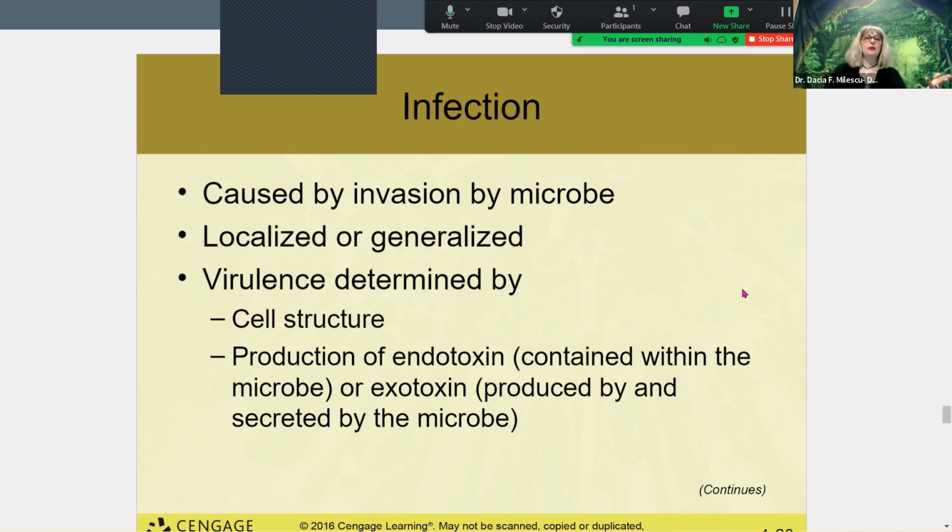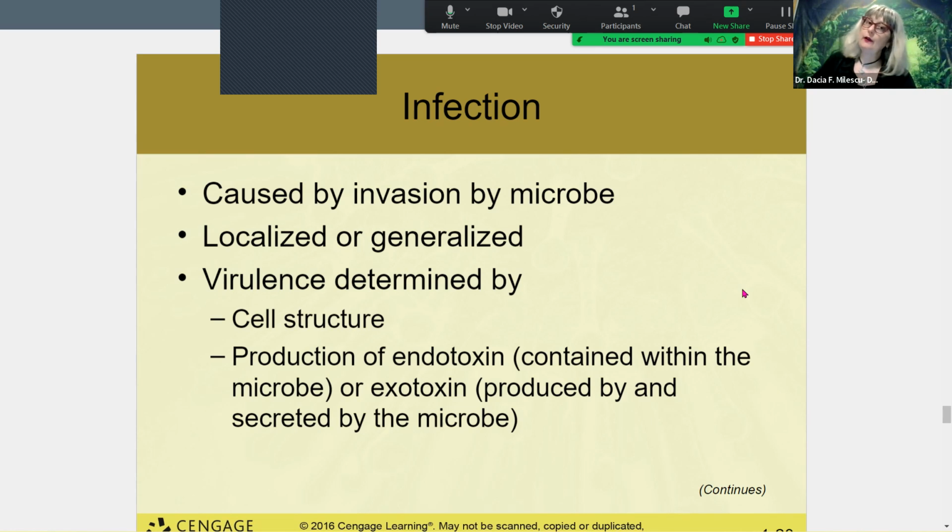Either way, it is lethal and not good for the human or the animal exposed to this particular pathogen. So the more virulent the pathogen is, by these definitions that I just gave you, the higher the chances that it has an endotoxin or an exotoxin.